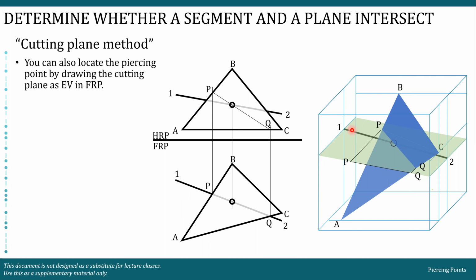So ganito yung itsura niya. Yung plane na green magiging ganyan. Same lang din yung mangyayari. Magkaiba nga lang yung makukuha nating line. Instead of XY, this will become another segment, PQ, for example. So ito yung PQ, intersection ng plane P, yung imaginary plane or yung cutting plane and the given plane ABC.